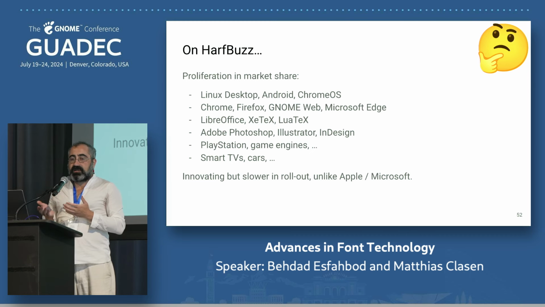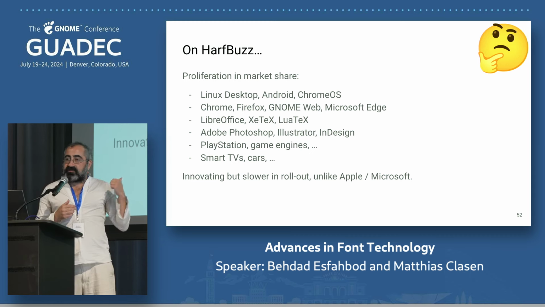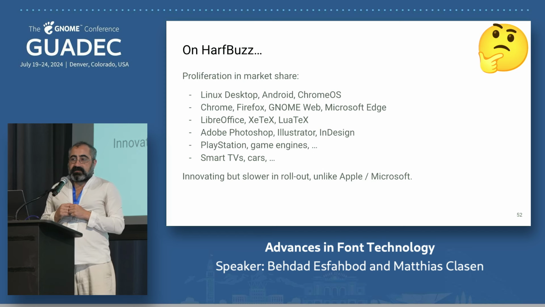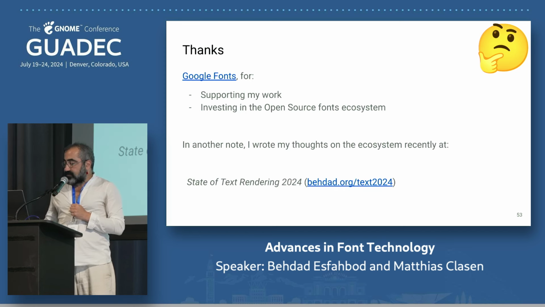However, we're hitting a problem where unlike Microsoft and Apple, who can just ship something and then standardize it later, we have to go through a standardization first before we can ship it in Chrome and other large platforms. So that gives us a few years lag. But otherwise, we're doing very good on the rolling it out. Even Adobe Photoshop, Illustrator, and InDesign now use HarfBuzz.